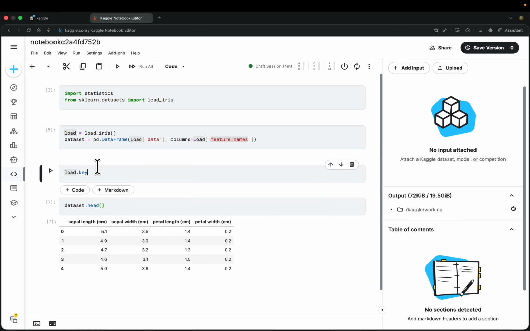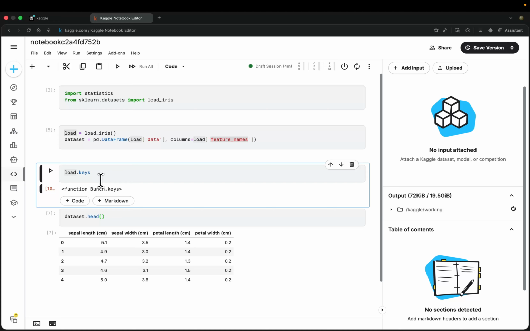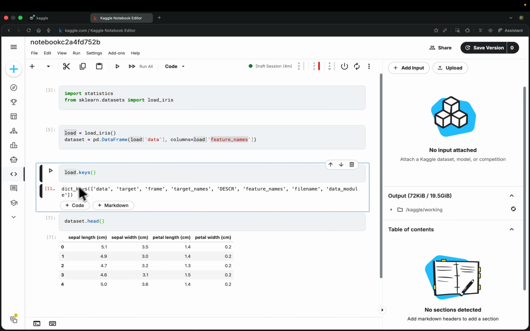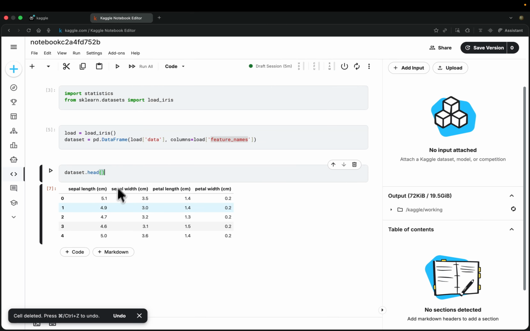We can look at the keys of it, like data, target values, which is what we're going to predict in machine learning. Frame, target names, that's what we didn't talk about, those are the names of the target values. Feature names, file name, data module. So we care only about data and feature names, so we created a table like that.